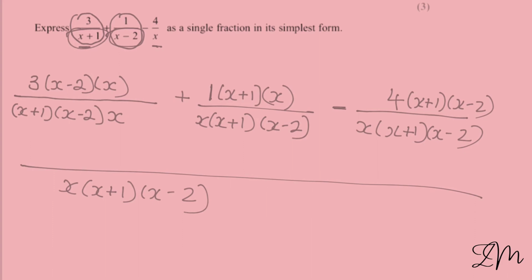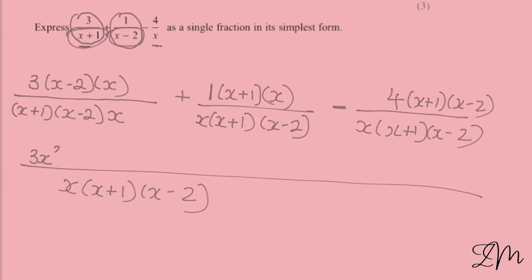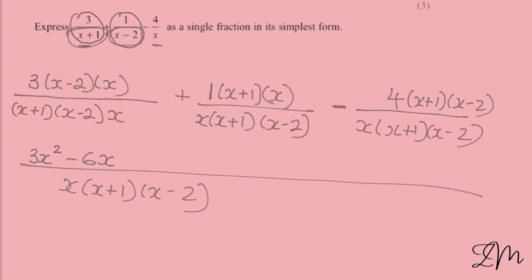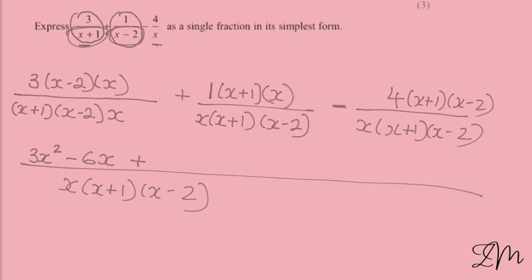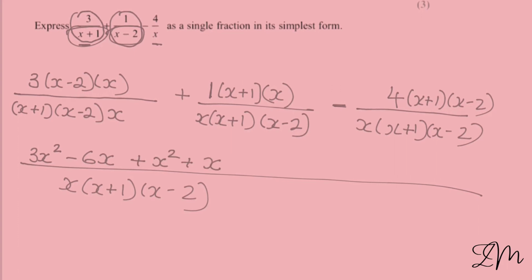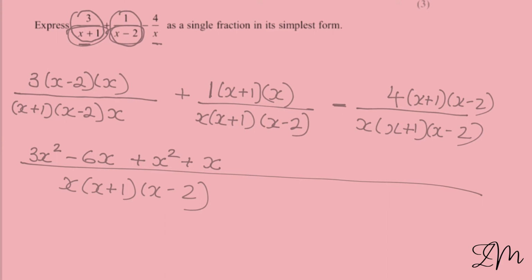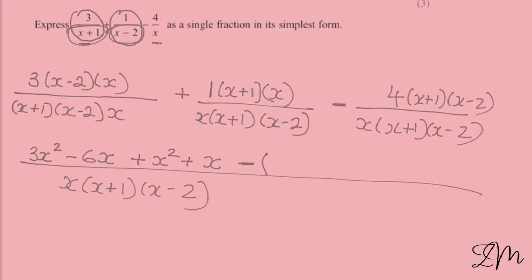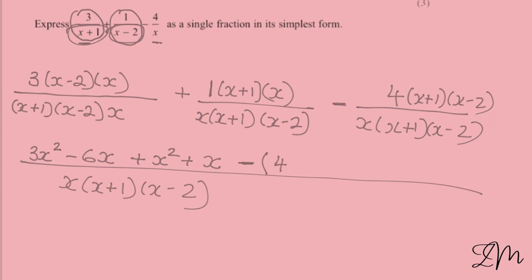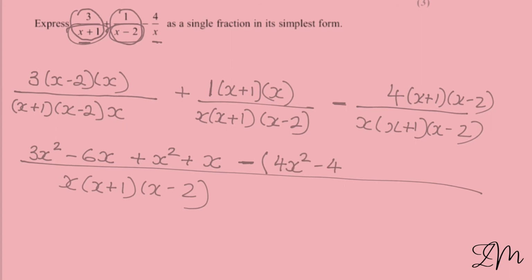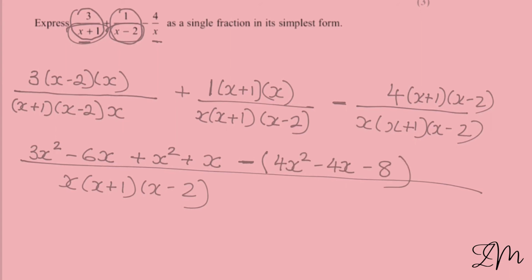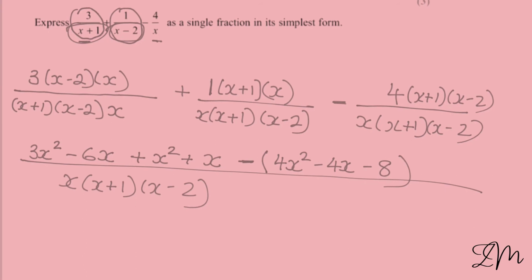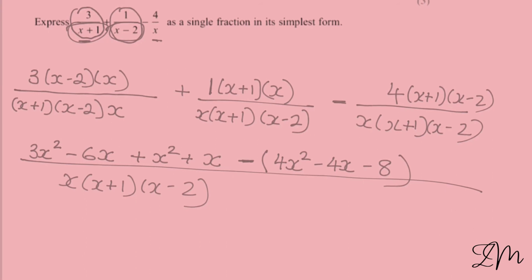So here we'll end up with 3x squared minus 6x plus x squared plus x, and this is where you have to be really careful. The minus has to stay in front of everything. So you'll get 4x squared minus 4x minus 8. And then you can see, like we had before, 3x squared plus x squared minus 4x squared, all cancels.